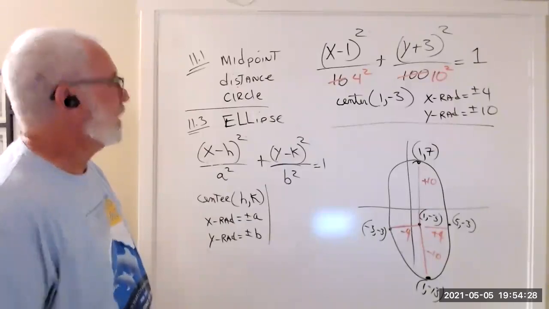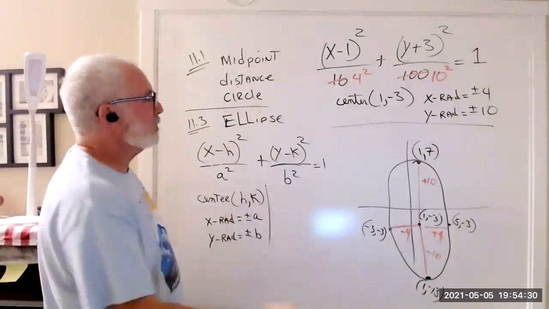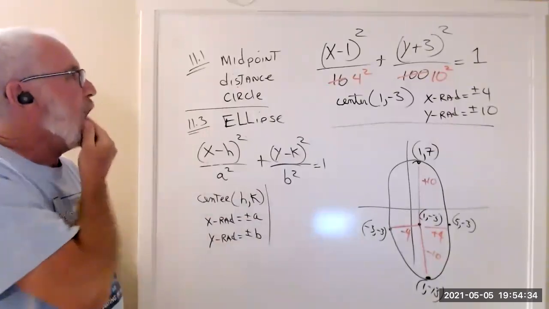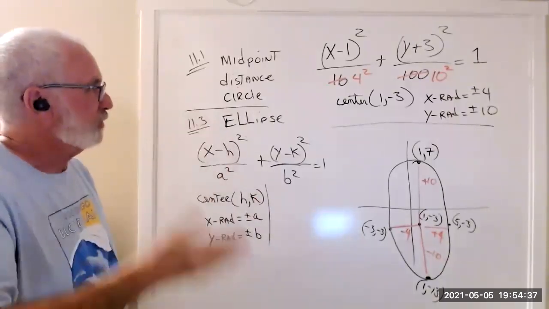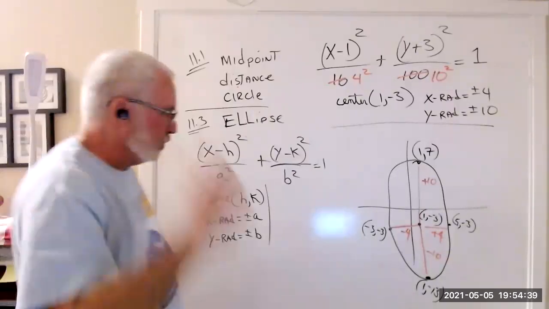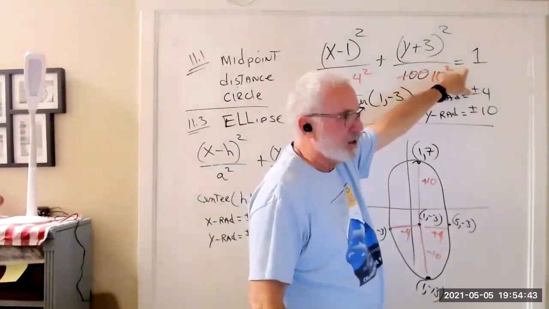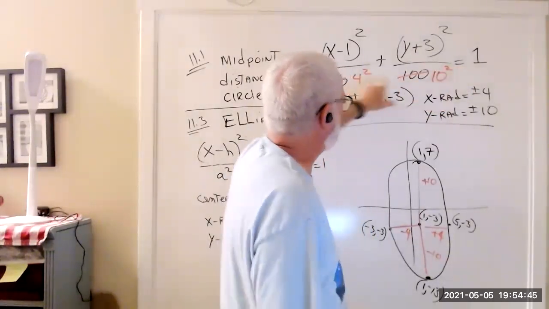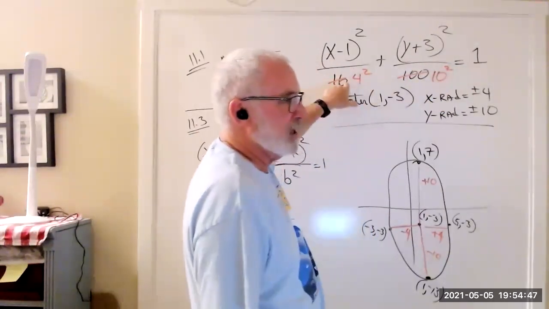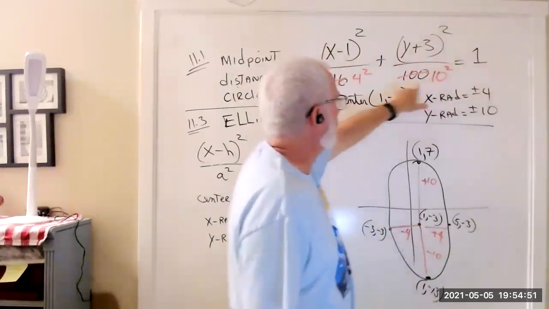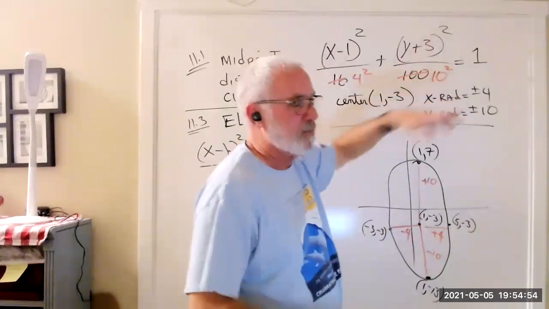Yes. Okay, now I need to erase this and do one more thing, but I want to talk to somebody. I think a couple of you asked, and Vince asked, does it have to equal 1? I said yeah, it does, because otherwise you won't have these numbers here. If it equaled something else, you wouldn't be able to tell the x radius and y radius.